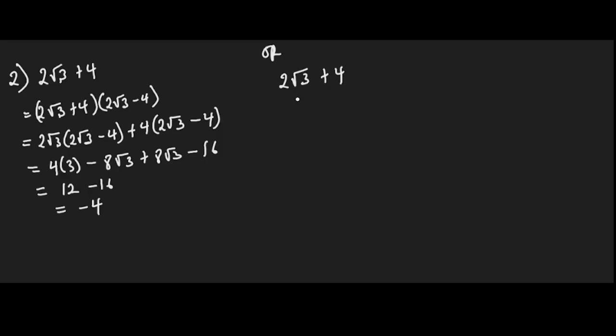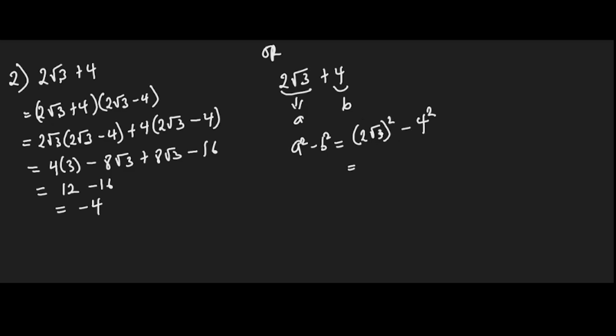Like I explained previously, we take the whole of this as A and this as B. Then using difference of two squares, A squared minus B squared. So we have our A to be 2 root 3 all squared minus our B, 4 squared.